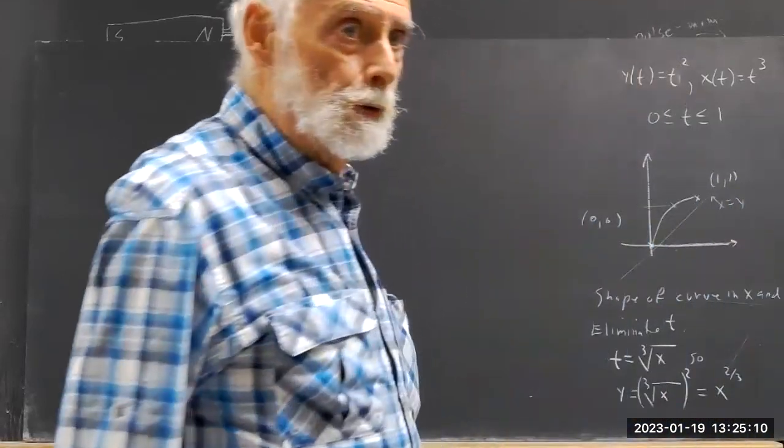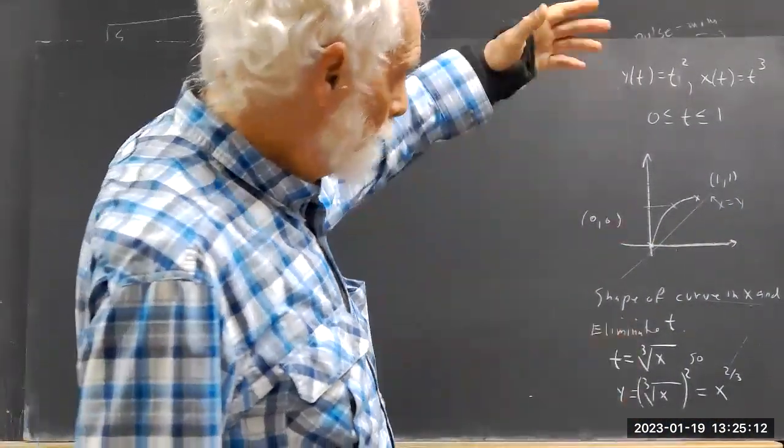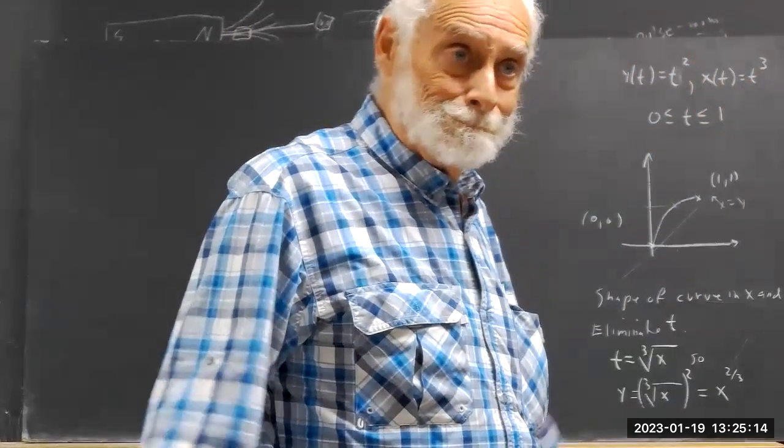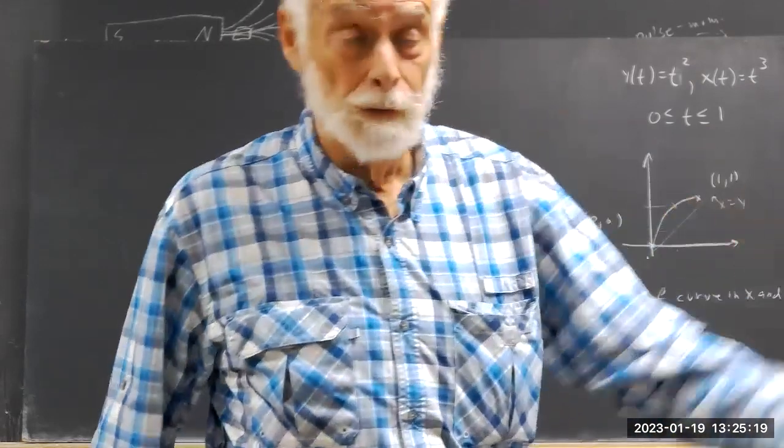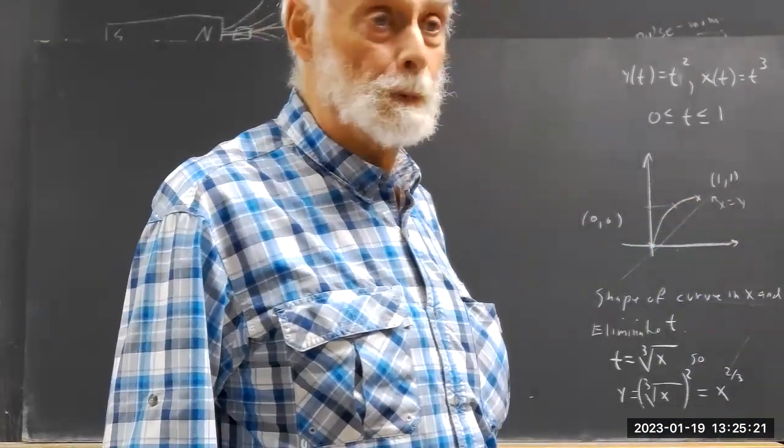That's equal to x to the 2/3. Take the derivative if you want to find the slope. Analyze the curve using whatever you need to analyze. It's fairly simple curve analysis.